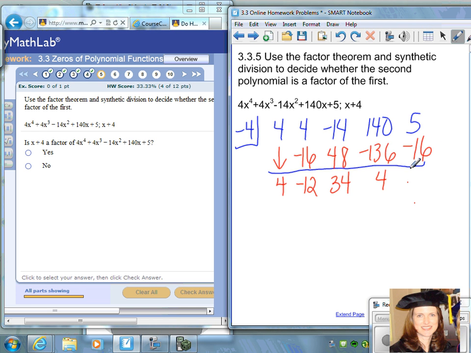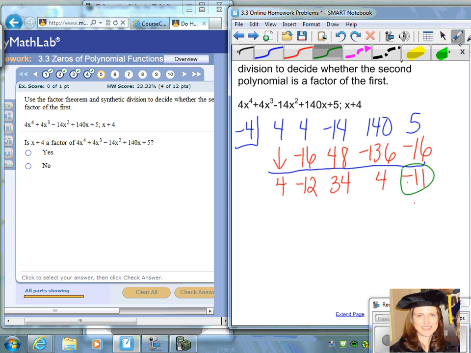5 and negative 16 is negative 11. Alright, so for this one, the remainder does not equal 0.